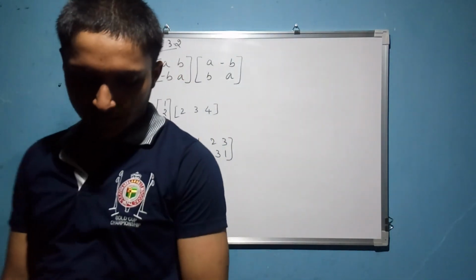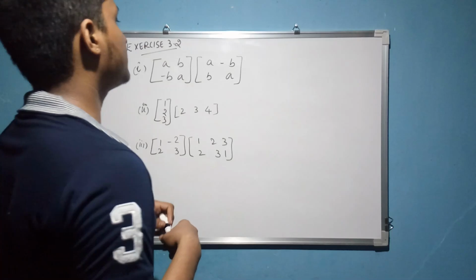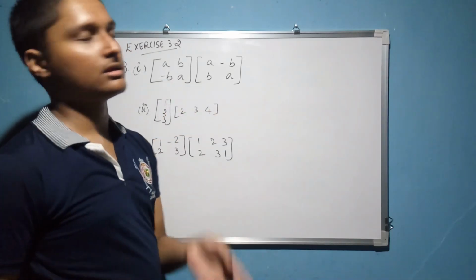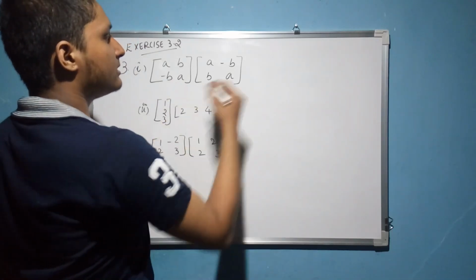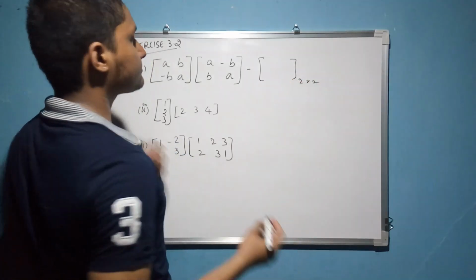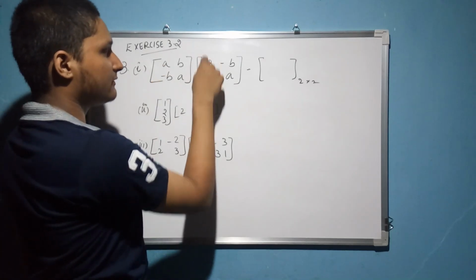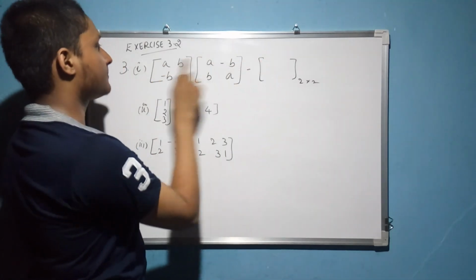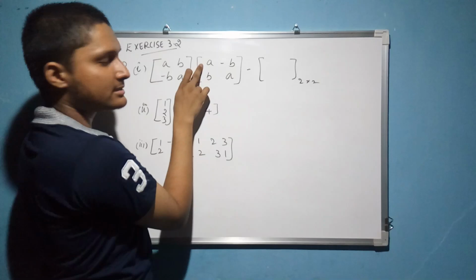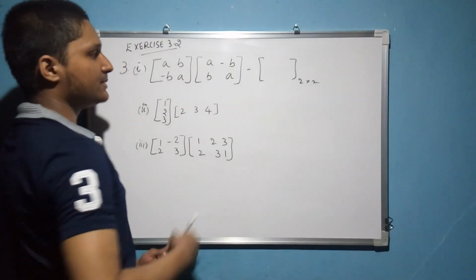In the third question, you are asked to find the products. The product here has both as square matrices of order 2 by 2. Therefore at last you are also going to get a 2 by 2 matrix. Okay, so now you have the first row and the first column to compute. That is A into A, that is A square, plus B into B, that is B square.